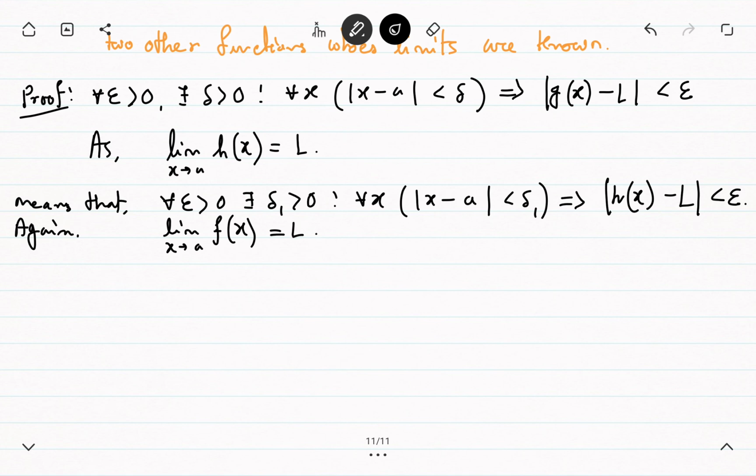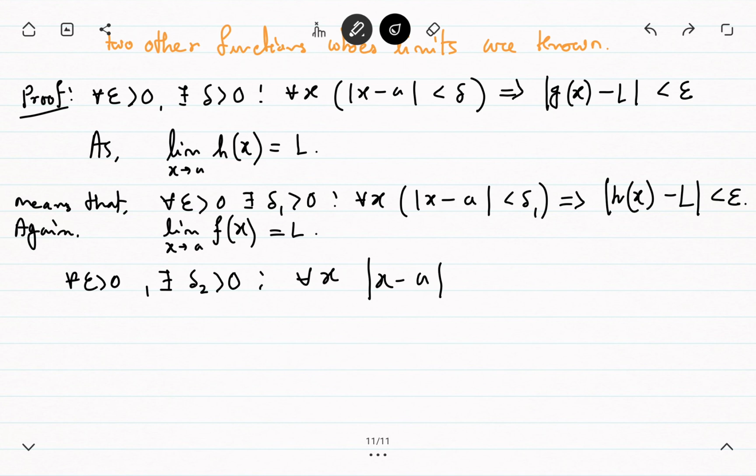So what we can say is that for all epsilon positive, there exists delta 2 which is positive, and for all x, the same thing we'll write.